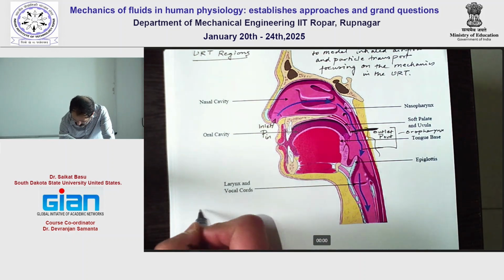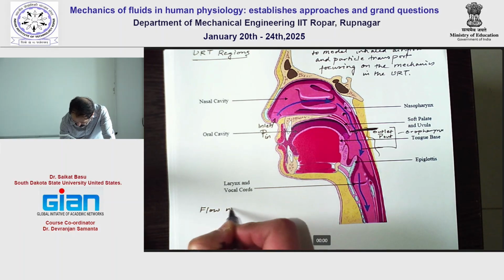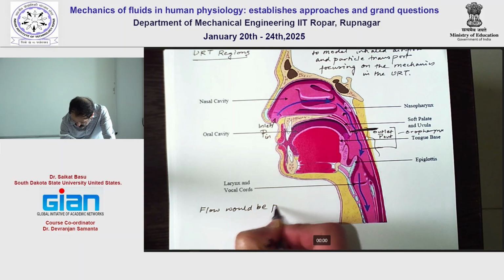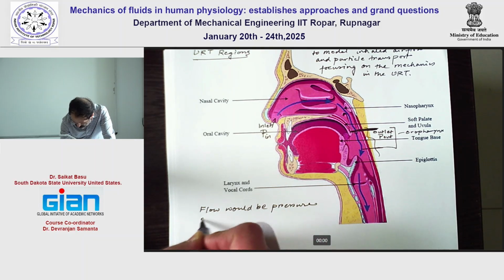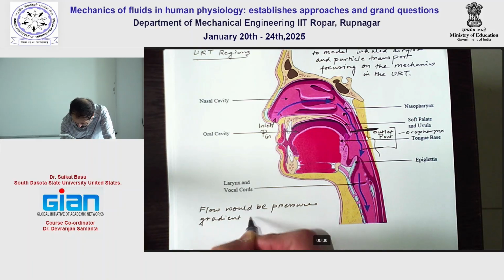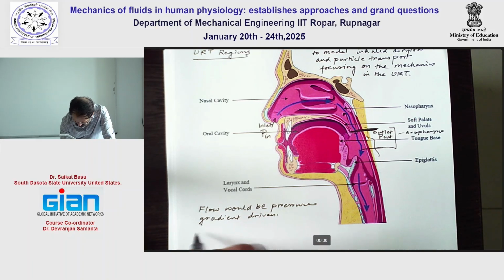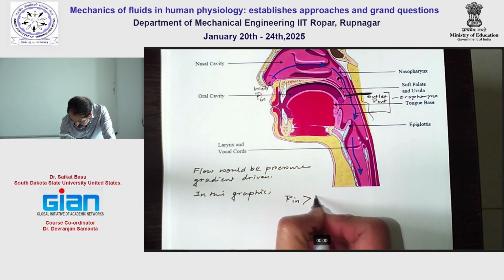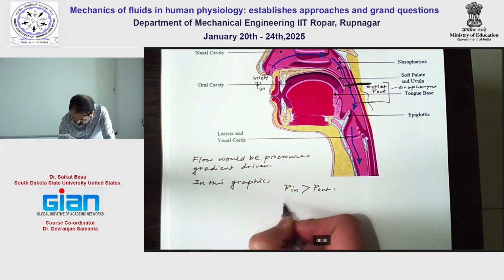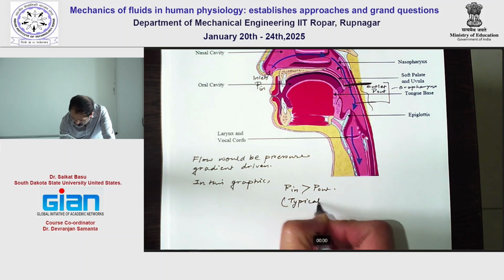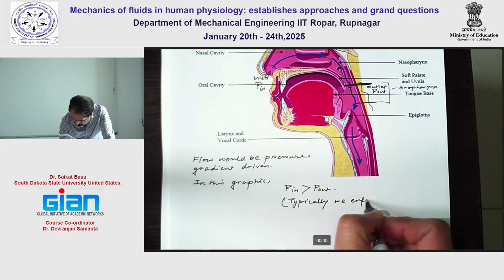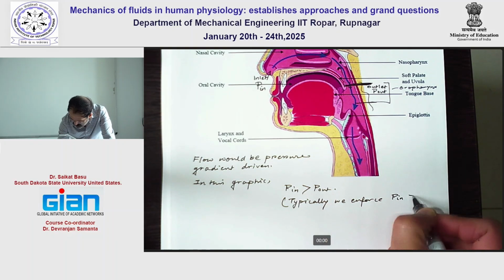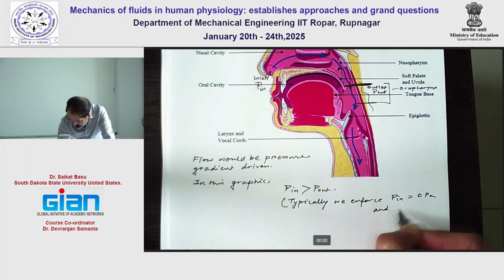So the flow would be pressure gradient driven. In this graphic, P in would be greater than P out, and typically we enforce P in as 0 pascals and P out some negative value.